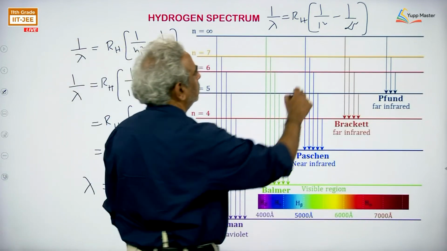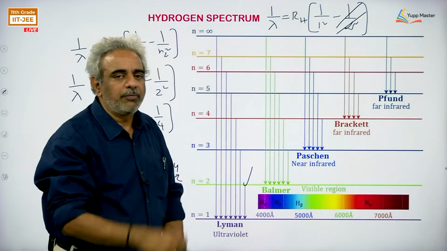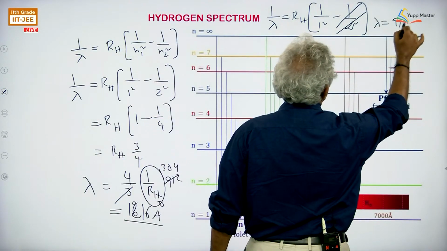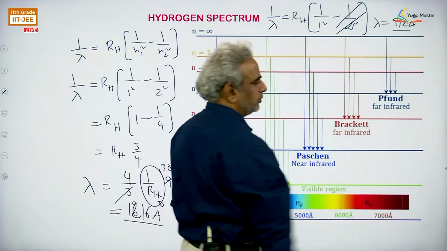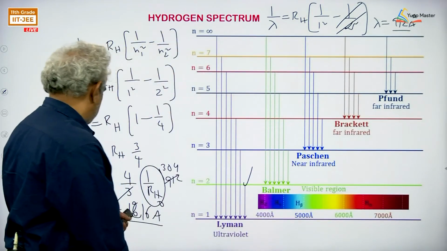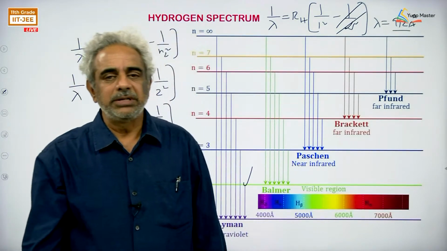So lambda will be how much? Reciprocal of RH. So lambda is equal to 912 angstroms, still less wavelength. So 912 angstroms and 1216 angstroms is the limit of Lyman series.